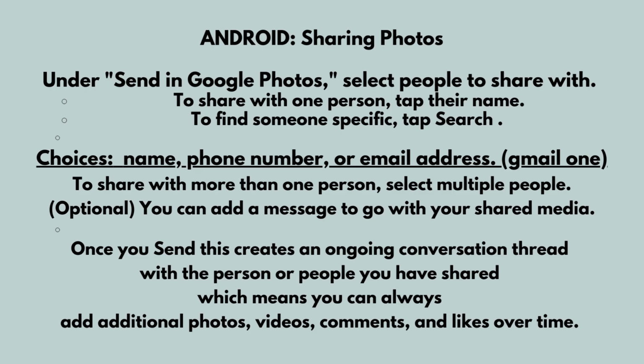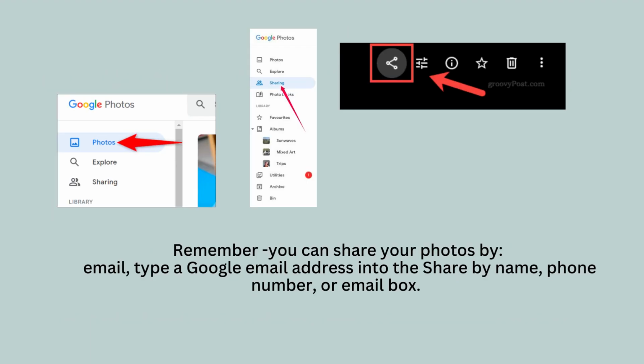And with both Android and iPhone users, once you send something to somebody, that creates a thread. So if you're in an all-day meeting and you've taken other photos that they would like you to share with them, or vice versa, once you've exchanged something with somebody, that person's information is there and you can continue sharing. Again, for Android users, photos, the share icon, you're good.